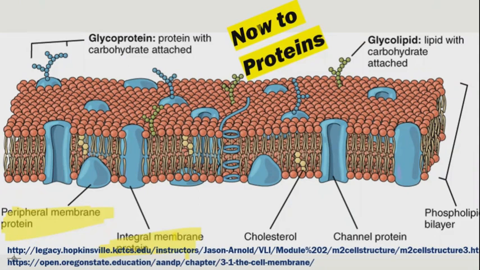So the cell membrane is not just phospholipids strung together, it also includes cholesterol and proteins. The cell is made up of two different types or classes of proteins.